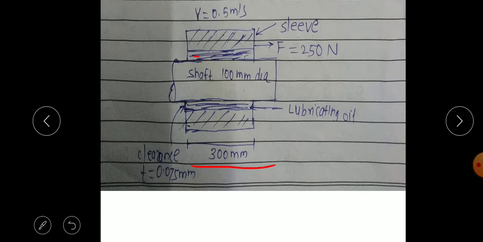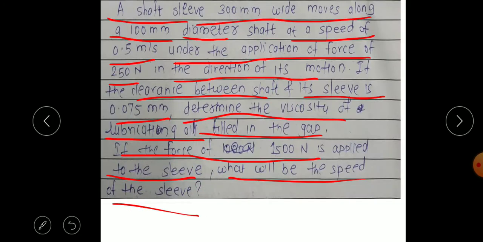The clearance between the shaft and the sleeve, the hatching shown here, is filled with the lubricating oil, and its thickness is given as a very small 0.075, less than 1 mm. So we have to find the viscosity in the gap.